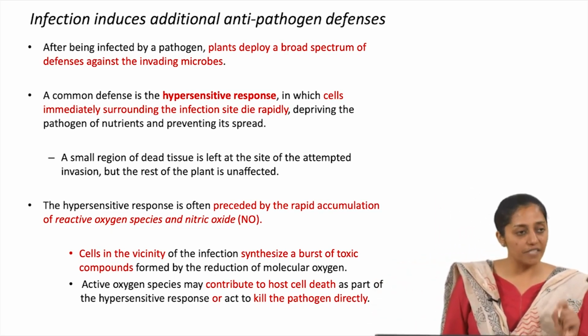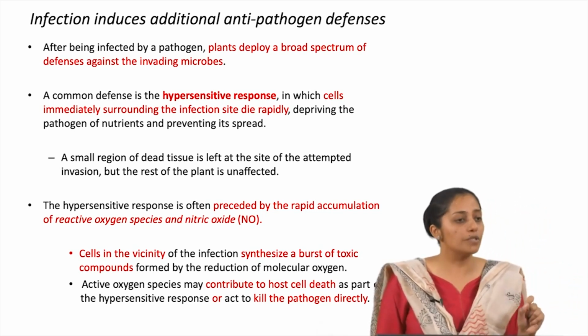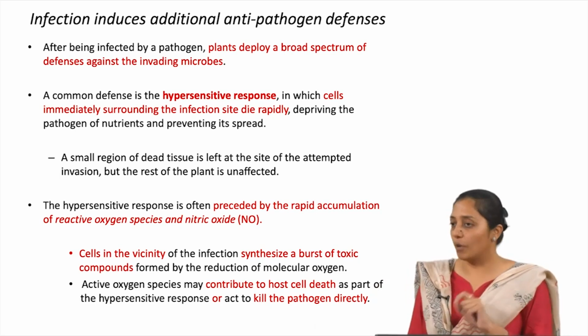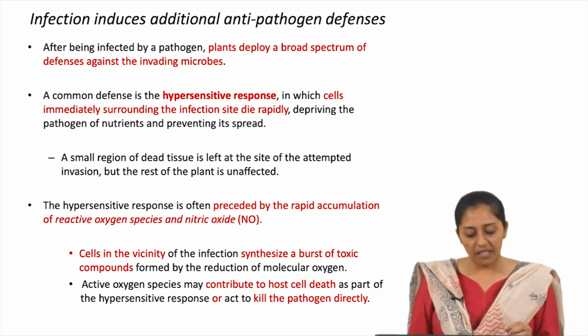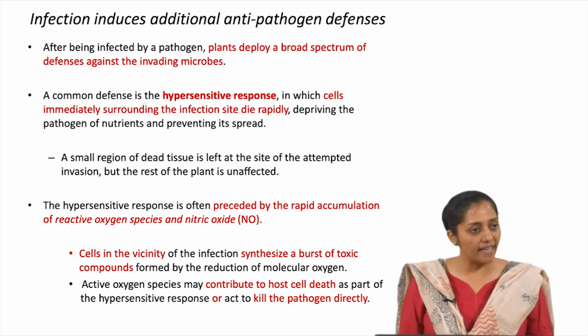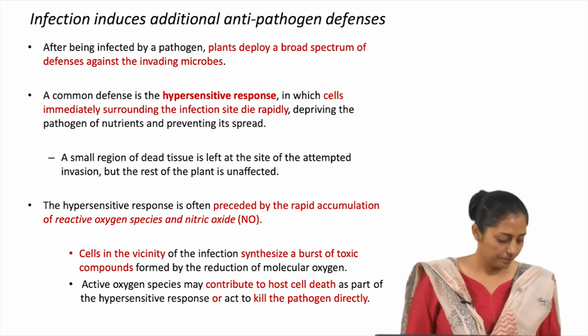So, cells in the vicinity of the infection synthesize a burst of toxic compounds formed by the reduction of molecular oxygen, reactive oxygen species. Now, active oxygen species may contribute to host cell death as part of the hypersensitive response or act to kill the pathogen directly.